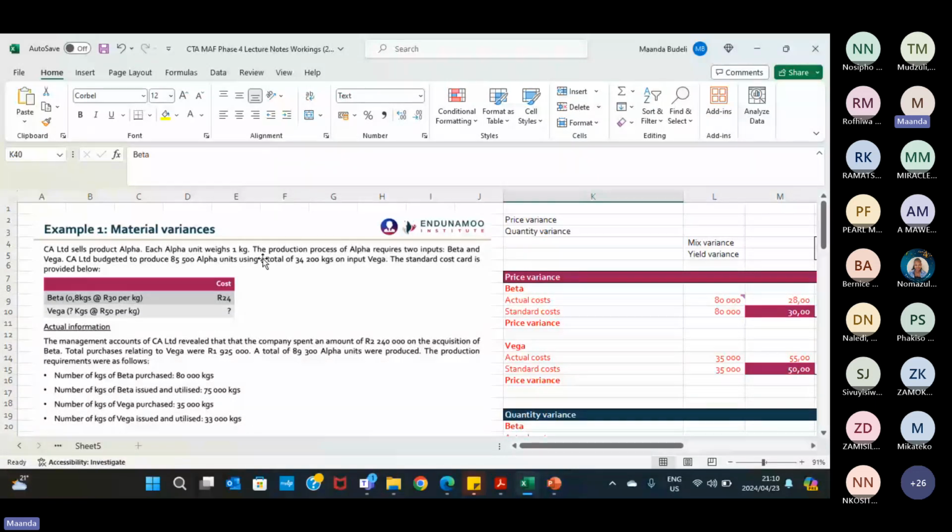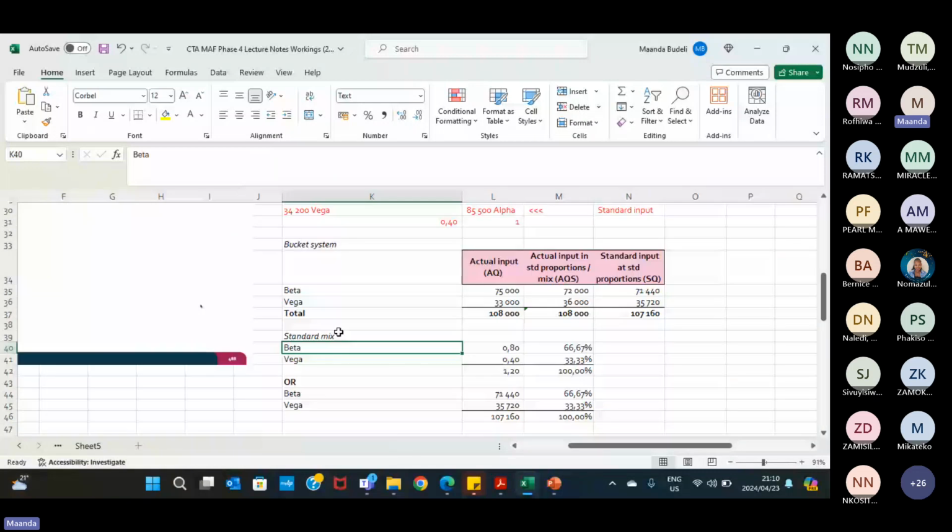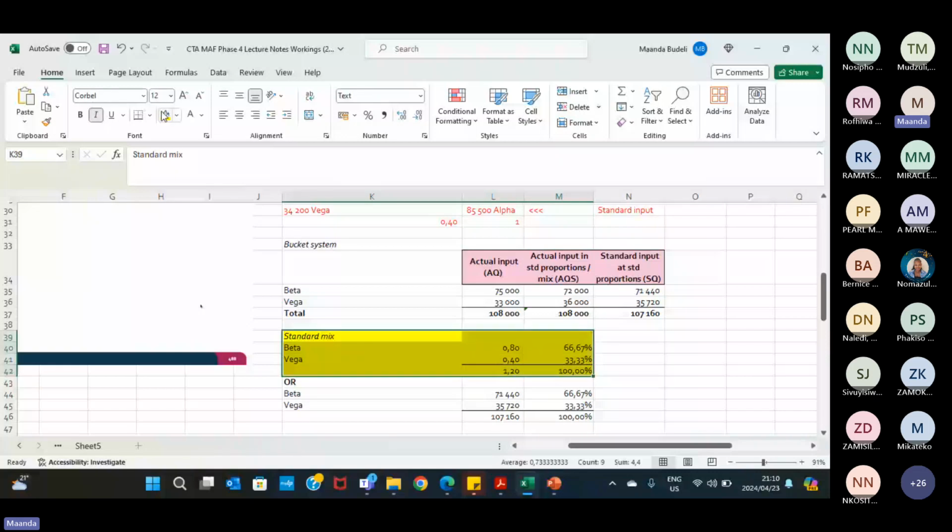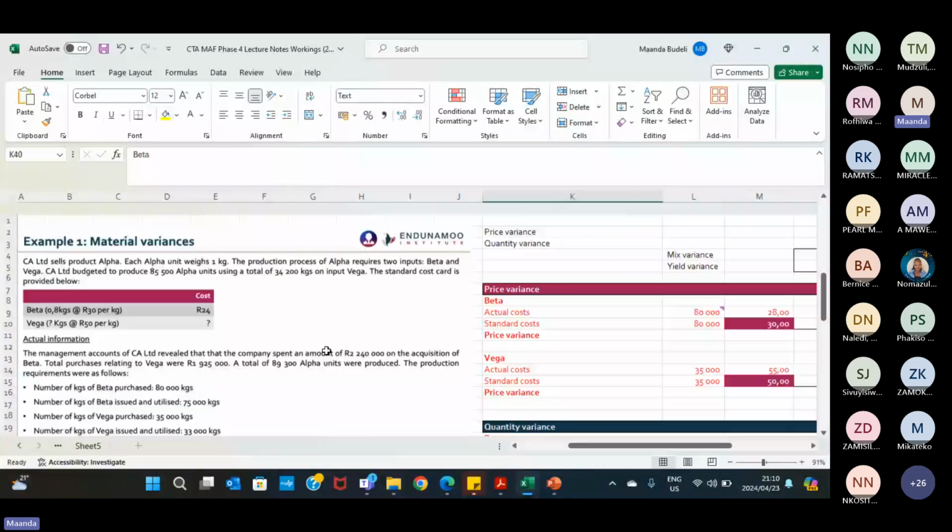So this becomes my mix to say 0.4 and 0.8, I get 1.2, and then I get my standard mix to say that for me to do 1 alpha, this is the mix of the 2 products that I need.